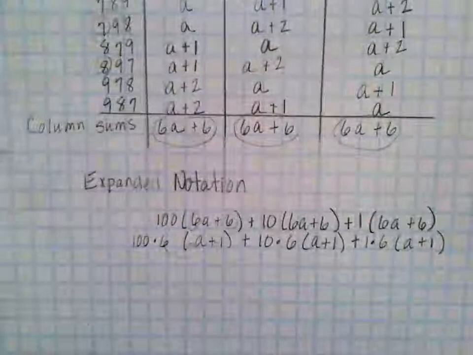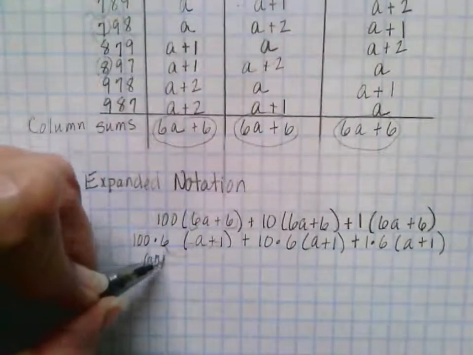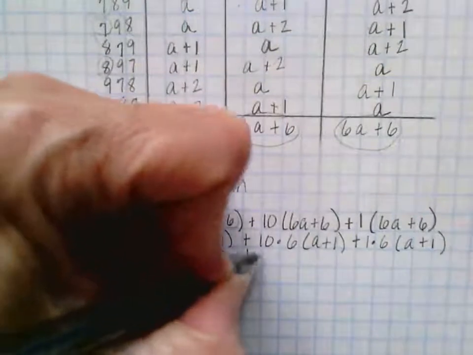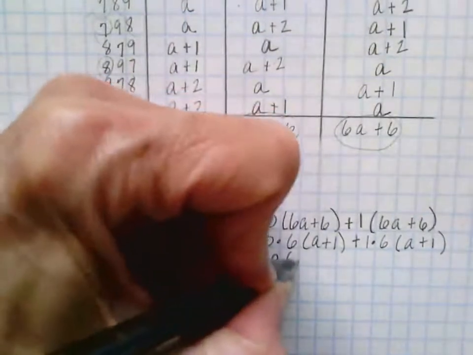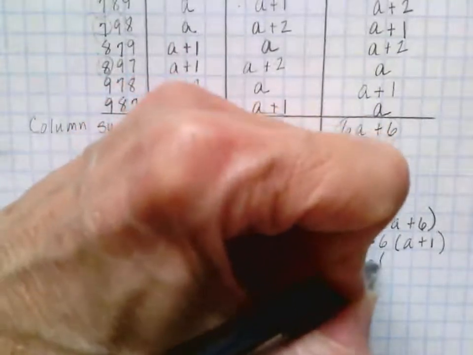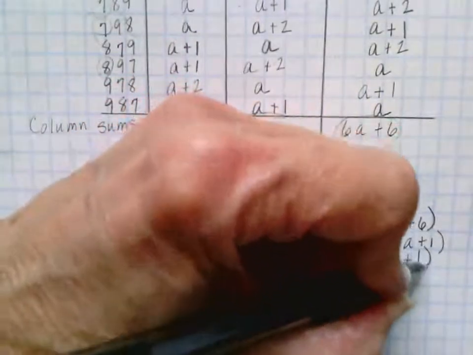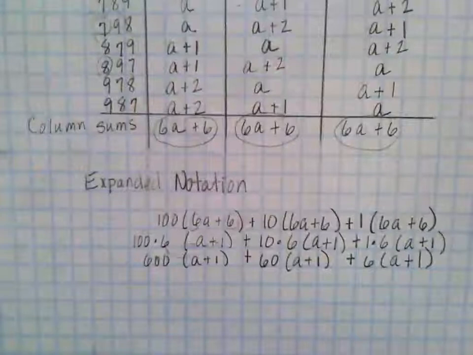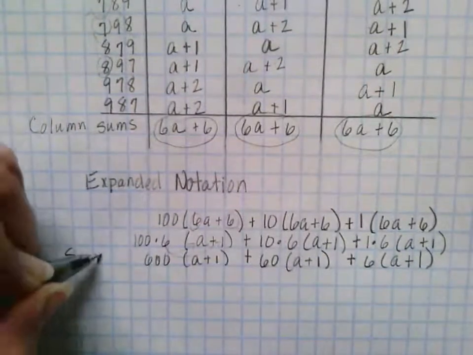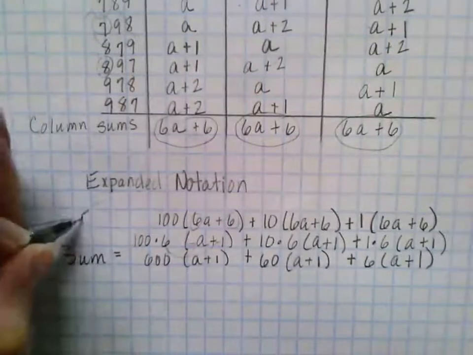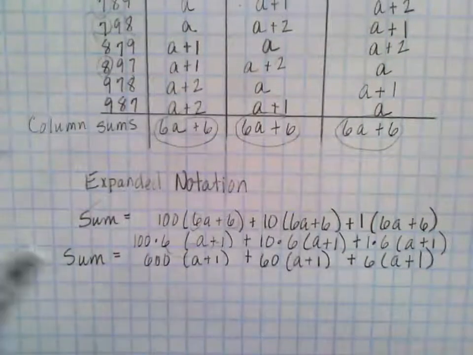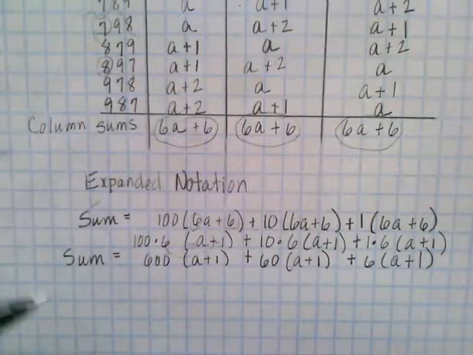So you can see that now I'm left with 600 times a plus 1, plus 60 times a plus 1, plus 6 times a plus 1. These represent my sums.